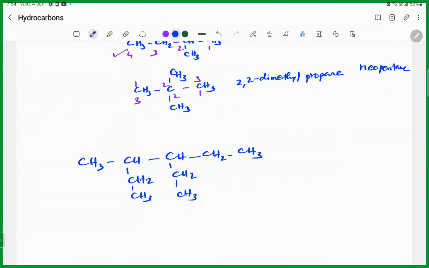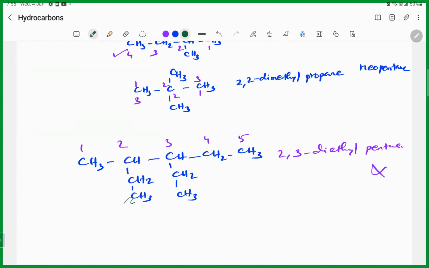How will you name it by IUPAC? 2,3-diethylpentane, sir. 1, 2, 3, 4, 5. Correct? This is how you named it, no? 2,3-diethylpentane. Now I'm telling you the name is wrong.